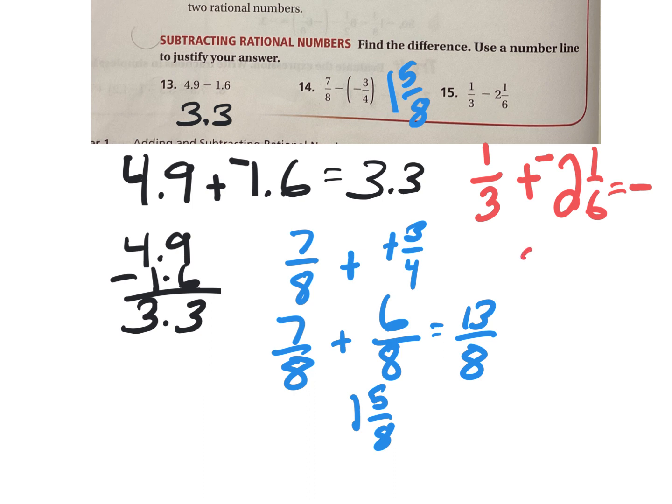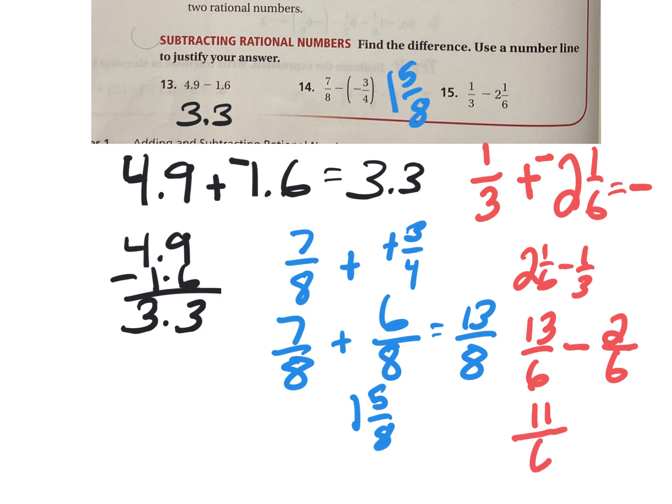So I'll take the bigger one, 2 and 1/6, and I'll take away the smaller 1/3, make that into an improper fraction, which is going to be 13/6 minus, and I want to make this to have the same denominator, 6, so that's going to be 2/6. So 13 minus 2 is 11/6.